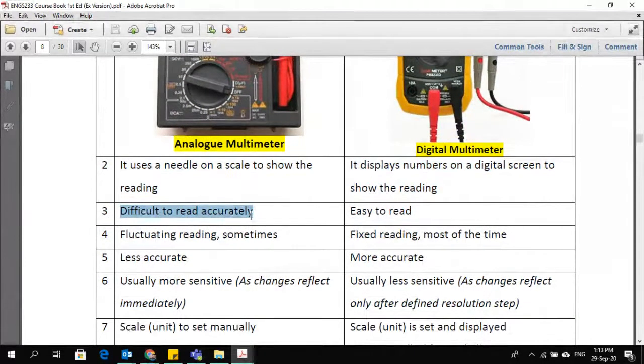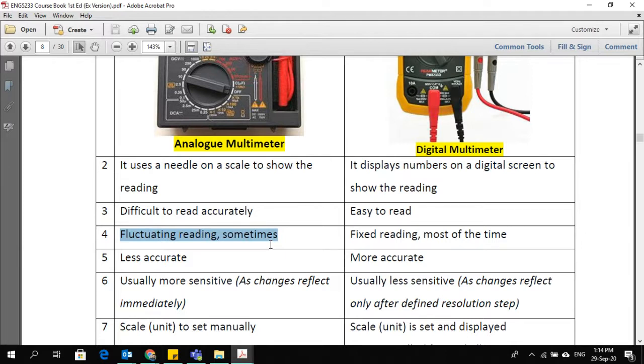Analog could be difficult to read. Sometimes you have to be careful in reading, because there are so many small divisions on the scale, and sometimes you have to calculate how far the needle has gone between the two numbers mentioned. But on digital it is easy to read. Analog can sometimes have fluctuating readings. Fluctuating means the needle could not be very stable, and it could be moving back and forth a little bit.